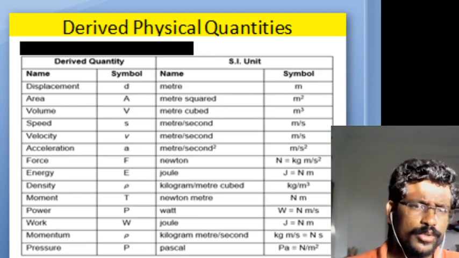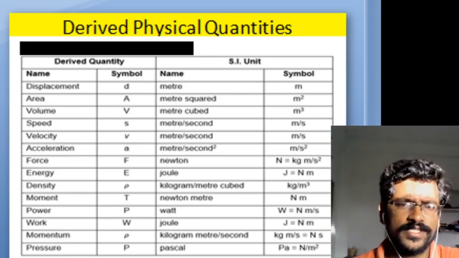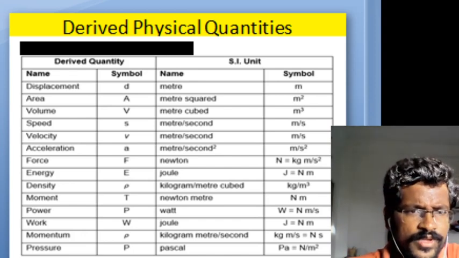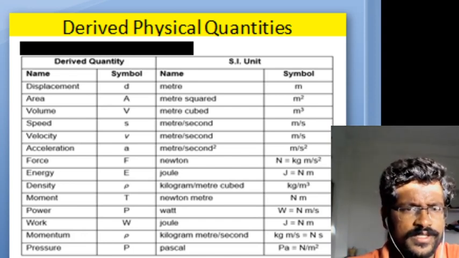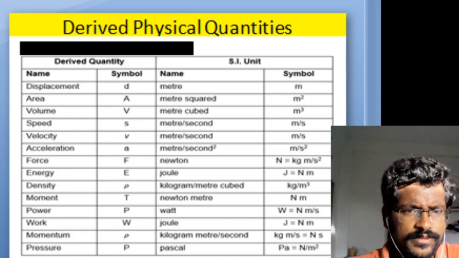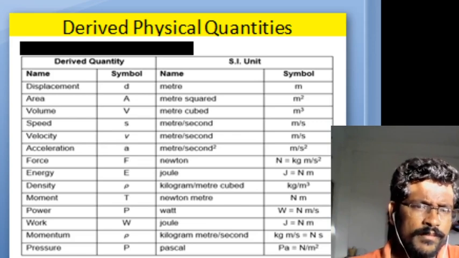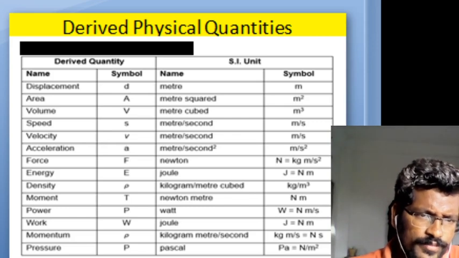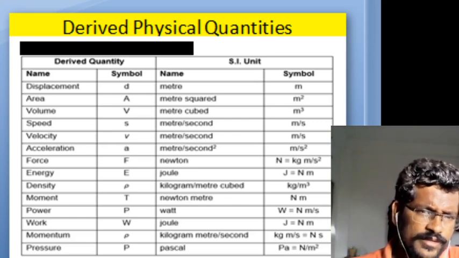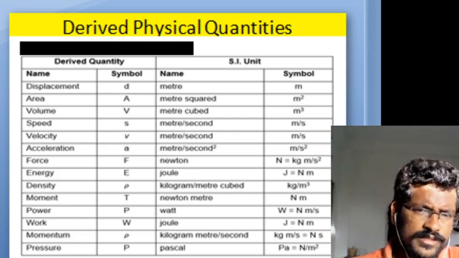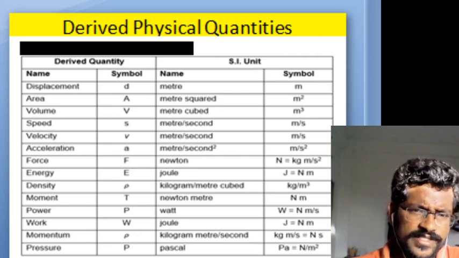Now we are going to discuss force. Force is denoted by F. It is defined as the product of mass into acceleration of a body. The units of mass is kg.